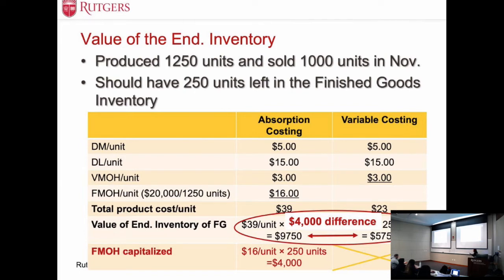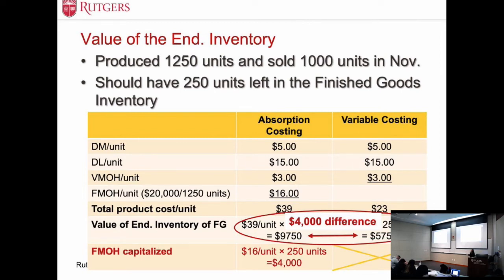But under the absorption costing, we consider the fixed overhead as part of the product cost, so we need to calculate the unit fixed overhead to allocate the cost to each product. If we sell less than we produce, part of the fixed overhead will be left in the inventory, and that causes the difference between the operating income under different costing systems and also the value of the ending balance.